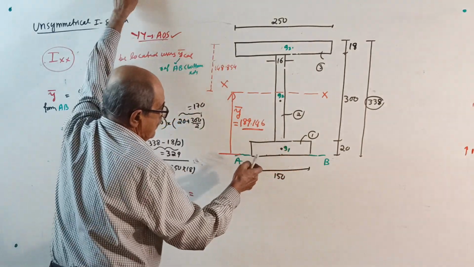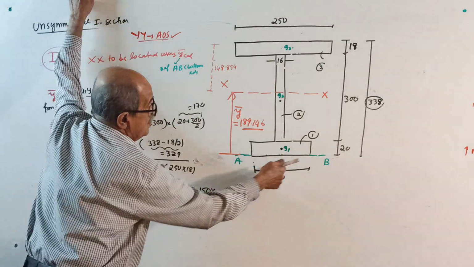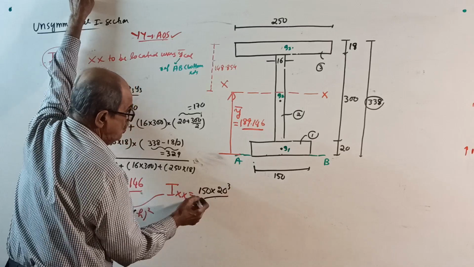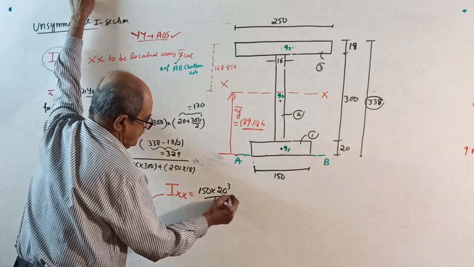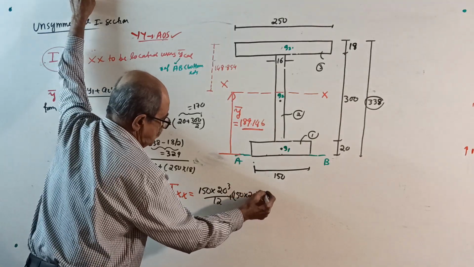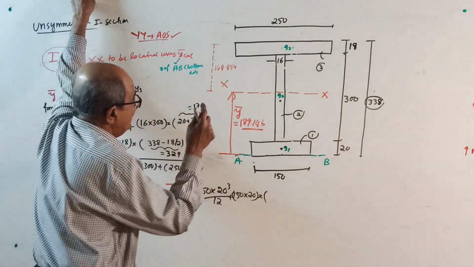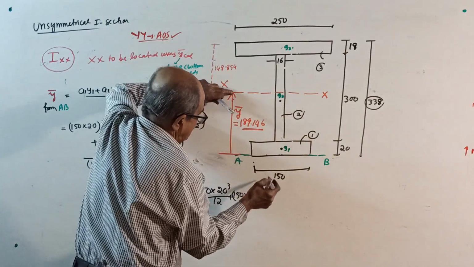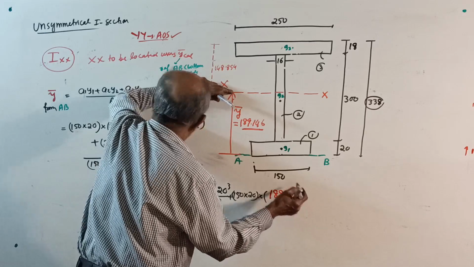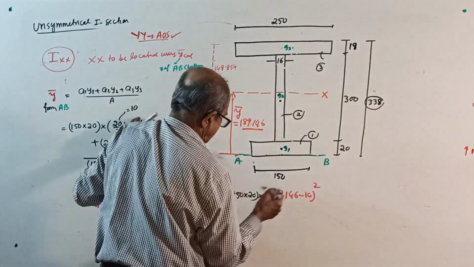See, Ixx: Ig, 150 into 20 cube by 12, plus 150 into 20, the area, into, for figure number 1, without looking anywhere, y bar 189.146 minus y1, which is 10, minus 10 whole square, that's all.